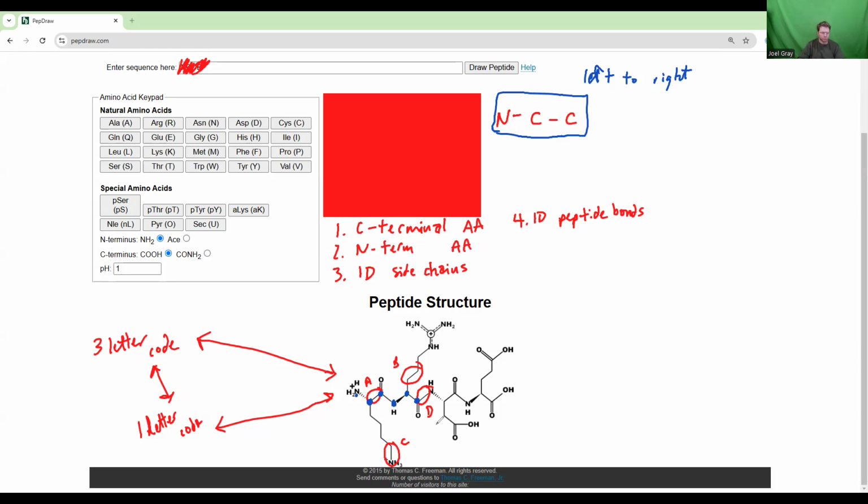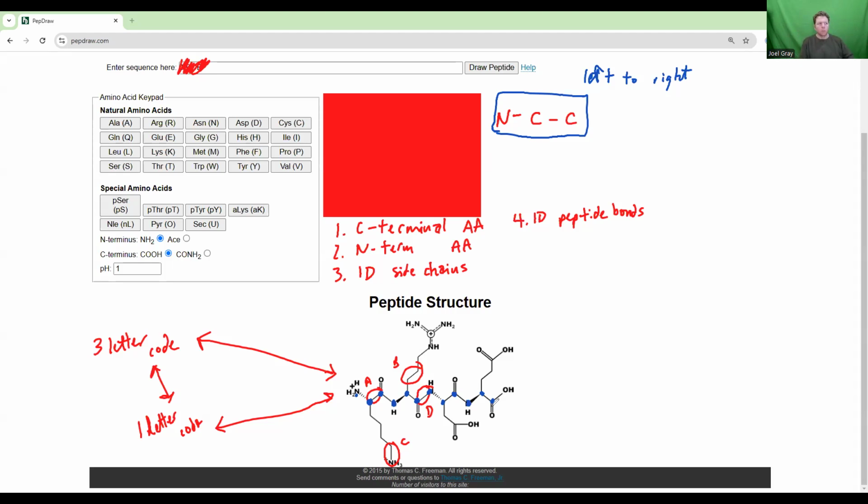Great job. You might have forgotten that term, but it's got a double bonded oxygen. Okay. After that, I'm going on. So I basically wrapped up two of my amino acid backbones. So now I'm going on to N, C, C, N, C, C. Okay. So there are the four backbones for my complete peptide backbone.